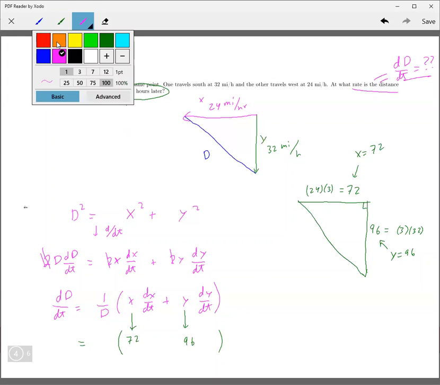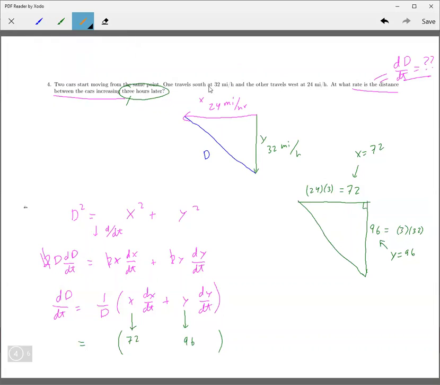Then the next thing is this one right here. It's traveling south at 32 miles per hour. So that's dy dt is 32. And it's traveling west at 24. So that's dx dt equals 24. Okay, now here's the thing. If you want to make down to be negative, which sounds logical, right? So if down is negative, then that's going to be negative.